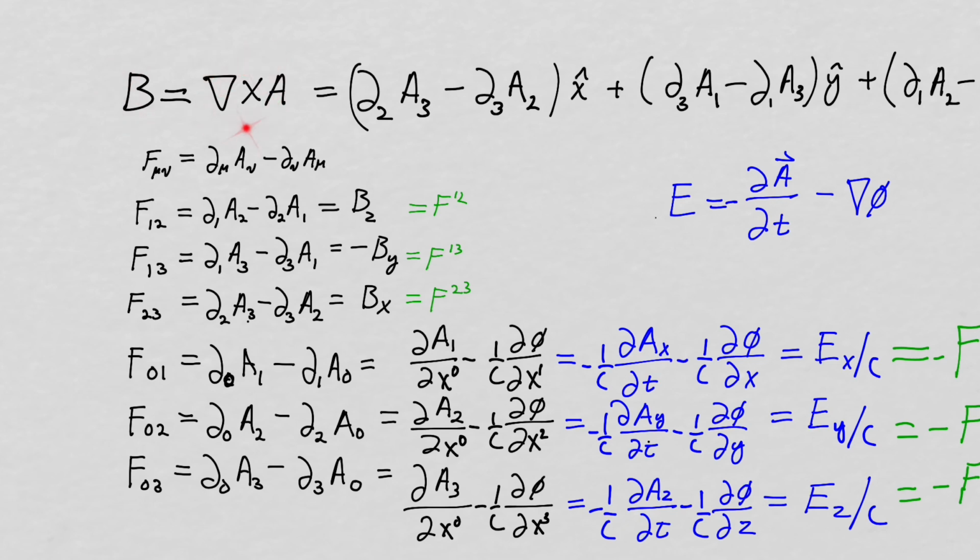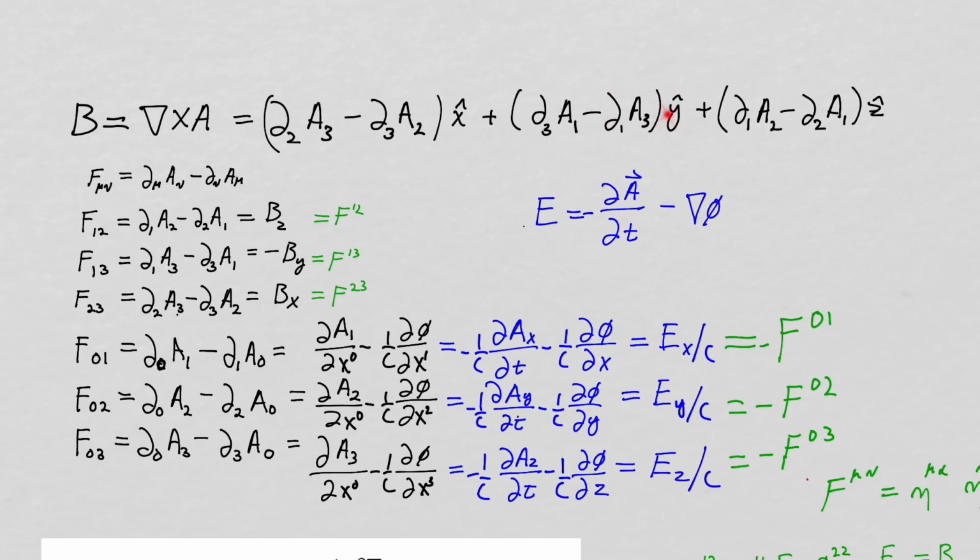When you do this curl, you get the derivative of the third component combined with the derivative of the second component, with a relative minus sign between them, and that's the x component of the magnetic field. It's this spatial derivative of these two different components of the vector potential. Likewise, the y component of the magnetic field is a similarly structured object.